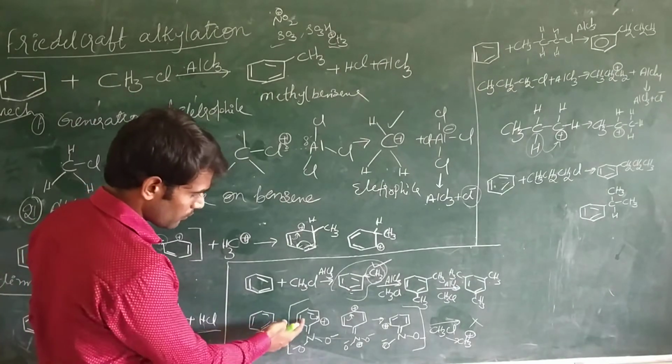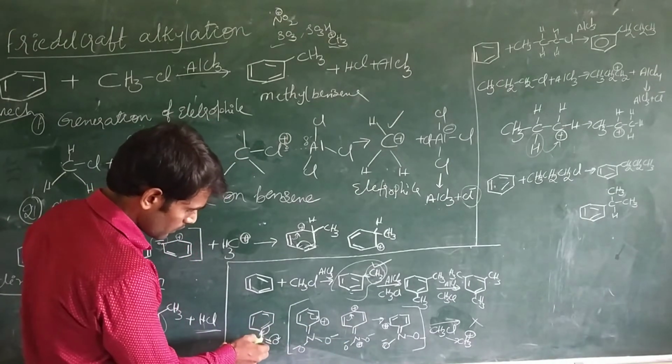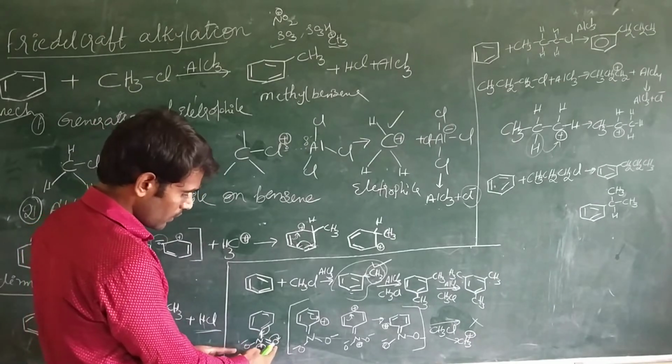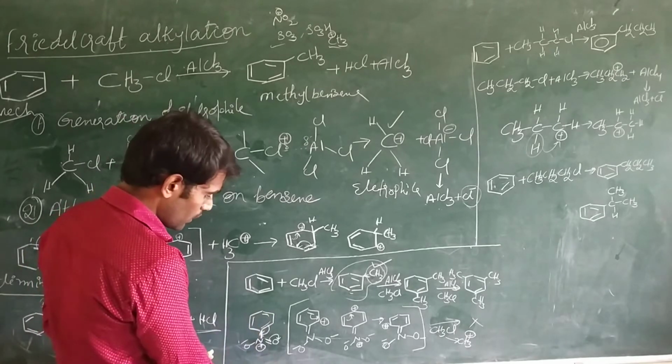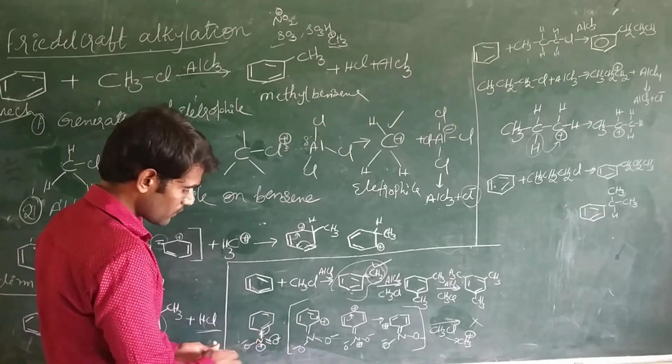What happened here? If you see the resonating structure, this nitrogen has two more electronegative atoms, and these electronegative atoms are always withdrawing electrons from the nitrogen. This nitrogen atom is withdrawing electrons from this carbon atom.